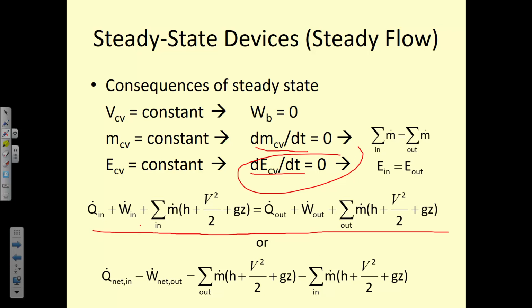Q in plus work in plus the sum of the mass flow rate times the enthalpy, kinetic energy, and potential energy terms balances out with the other side of the equation, where it's Q dot out, work out, and then the sum of the mass flow rate terms on the other side. We could also write it with Q and W on this side of the equation, and then the mass flow rates on the opposite side, where now it's out minus in.